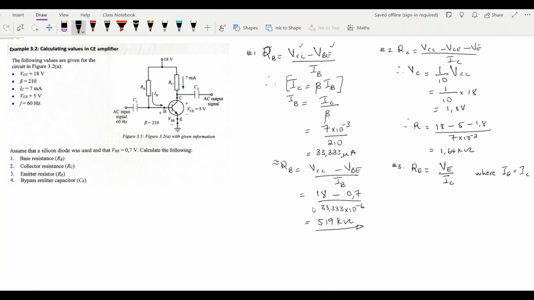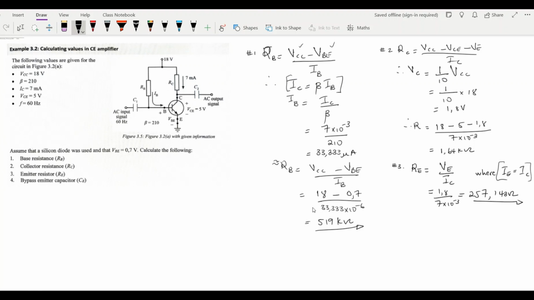You must always remember this, more particularly when we deal with a common emitter amplifier. IE is equal to IC, 1.8 divided by 7 exponent negative 3. This is there even in your textbook. All the information is provided to you. That's how amazing this TVET first book is.